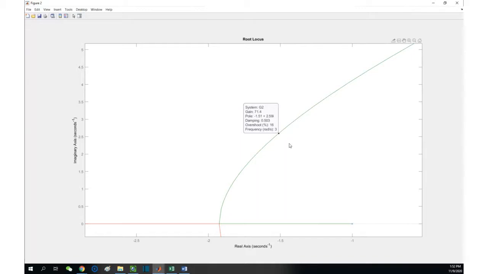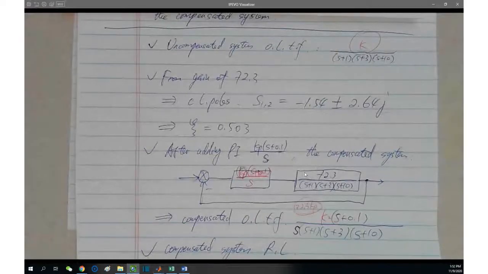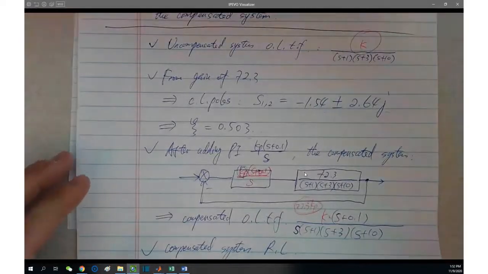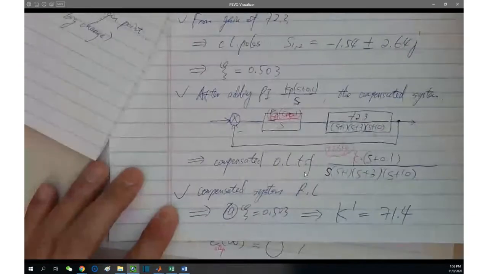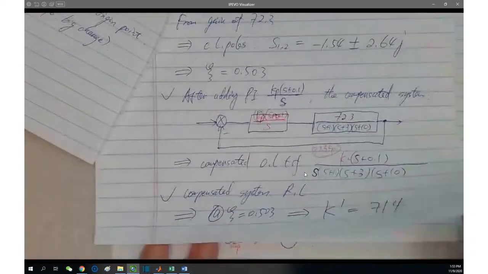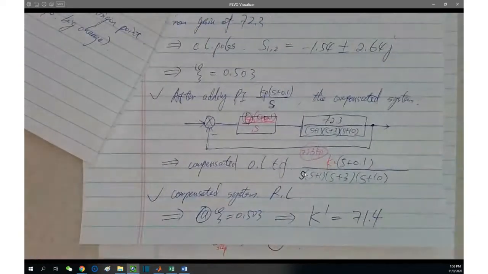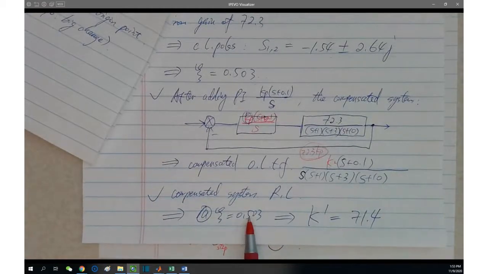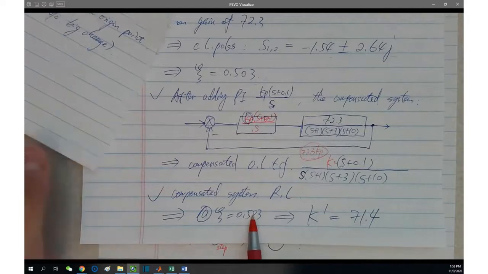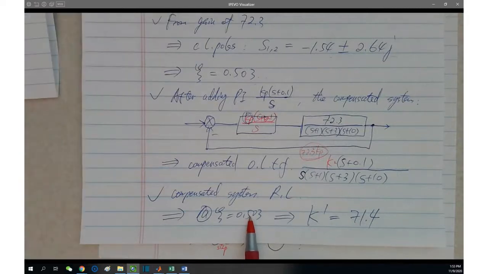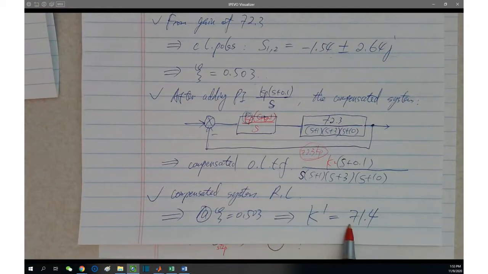You guys read? 71.4. Very good. Does it make sense? At this particular zeta, because the problem required this particular zeta, we go there, and correspondingly read the new gain at 71.4, right?